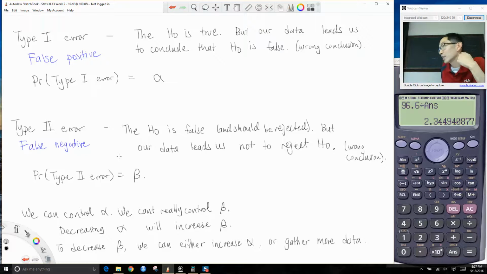Somehow false positives and false negatives have entered our vocabulary a little earlier than type 1 and type 2 errors have, but this is what we call them. Is this okay? All right.